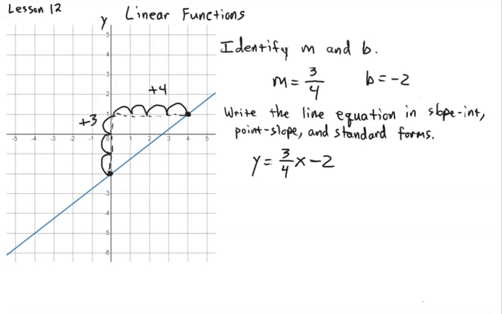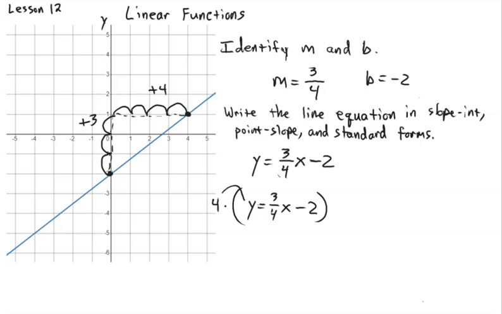Okay? Now let's go ahead and write this in standard form. This one's going to be a little different to do. What we're going to do is multiply by the denominator, because remember, we don't want any fractions in standard form. So we're going to take our y equals 3/4 x minus 2, and multiply everything times the denominator of 4.